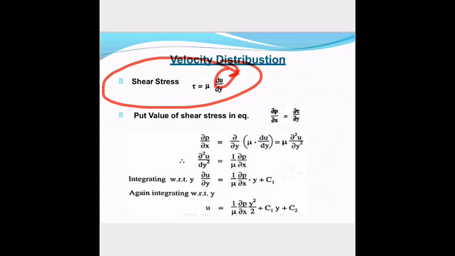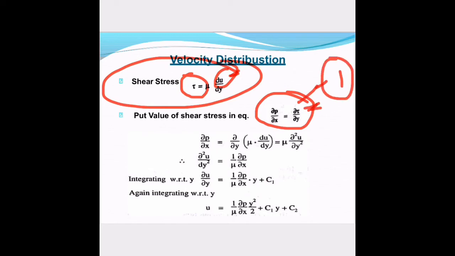Consider this equation, and using equation 1, del p by del x equal to del tau by del y, in place of tau you just put this equation. Then after double integration, ultimately you will get the velocity equation as u equal to 1 by mu del p by del x y square divided by 2 plus c1 y plus c2.